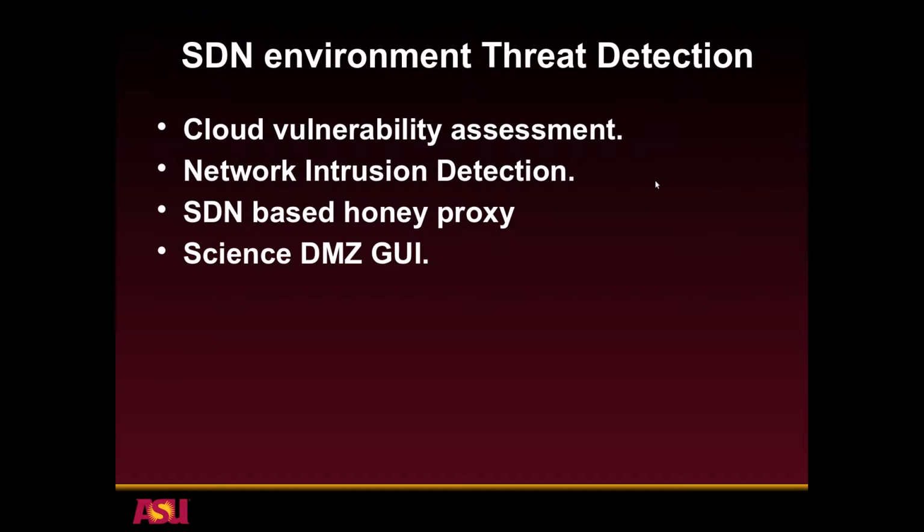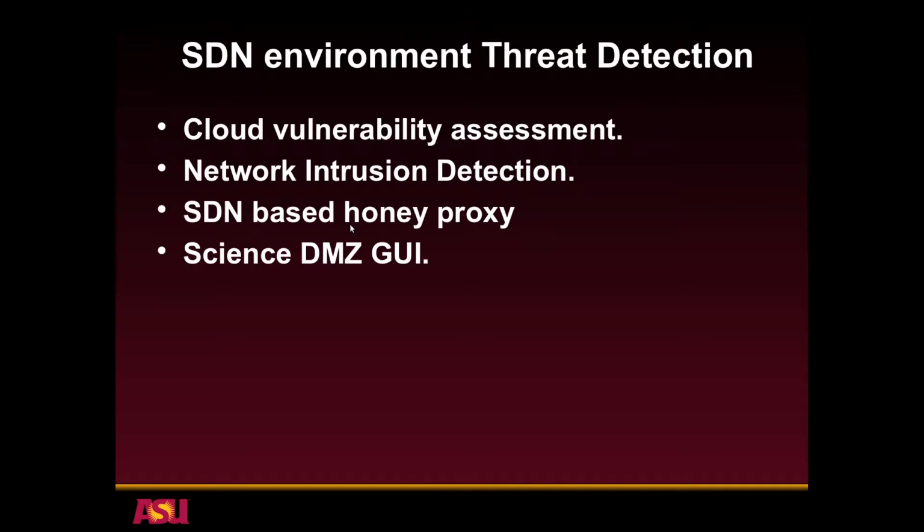We have divided the ecosystem into three parts. The first part is threat detection. In threat detection, we do vulnerability assessment using some open source vulnerability scanners. We plot the attack graph, and we use the dynamic traffic from NIDS and combine it with the static vulnerability information to get a better picture of the possible attack paths that an attacker can take.